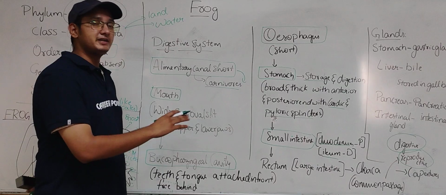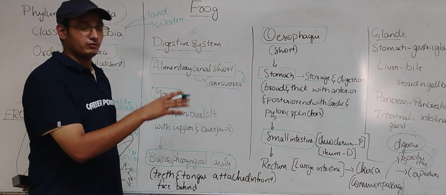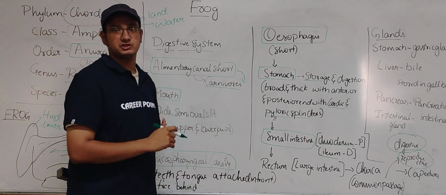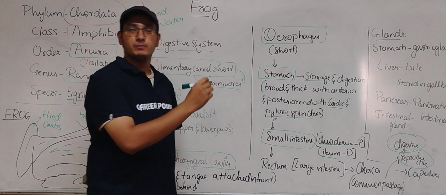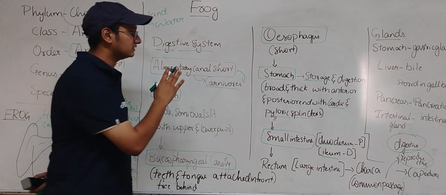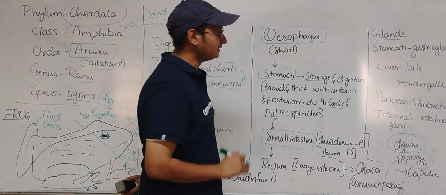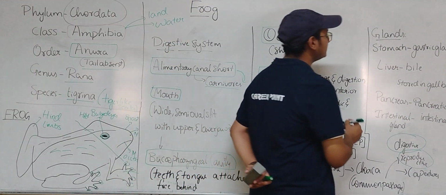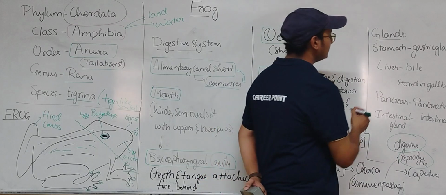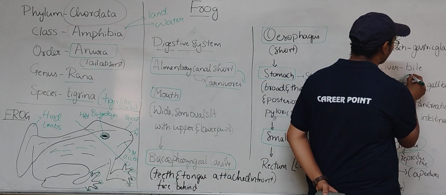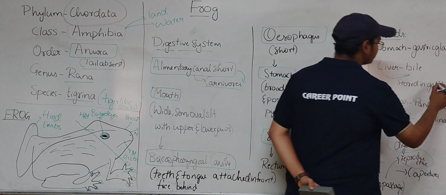Then it enters the common passage for both digestion and reproduction, called the cloaca, and goes outside through the cloacal aperture. So this is the flow of digestion. And here we have a few glands. The stomach has gastric glands, and the liver secretes bile, which is stored in the gallbladder.